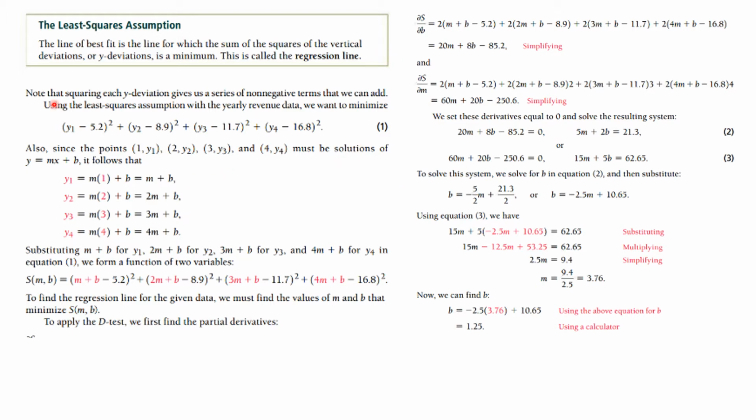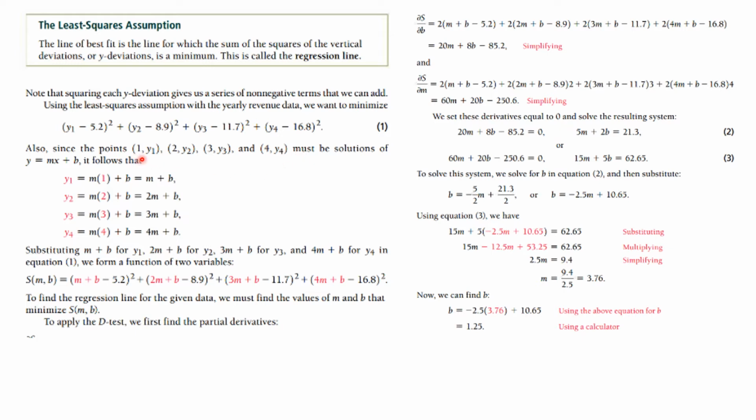Now, note in our example that squaring each y deviation gives us a series of non-negative terms that we can add. So if we want to know the error associated with the data we just talked about, it will be y1 minus 5.2 whole squared, plus y2 minus 8.9 whole squared, plus y3 minus 11.7 whole squared, plus y4 minus 16.8 whole squared.